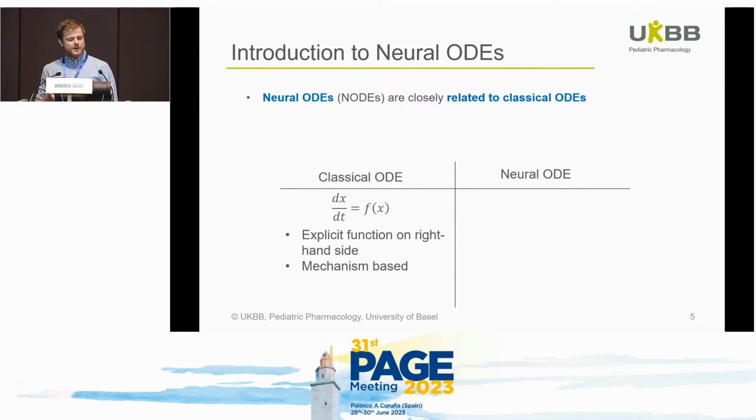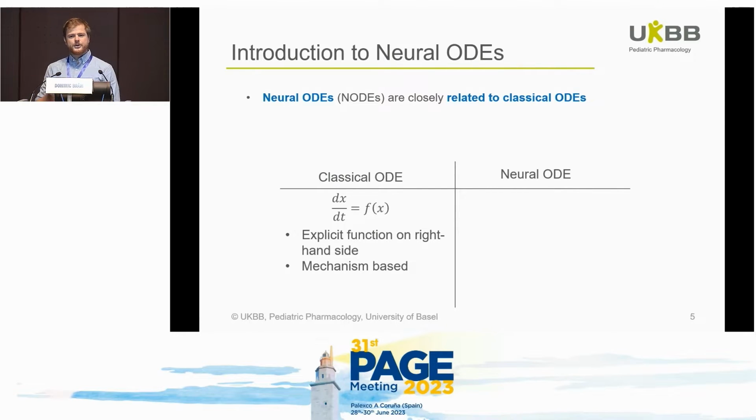So now let's go to neural ODEs. As the name says, they are closely related to classical ordinary differential equations. Classical ordinary differential equations are differential equations with an explicit function on the right-hand side, and this function is usually mechanism-based. So you have distribution and elimination, for example, in pharmacokinetics.